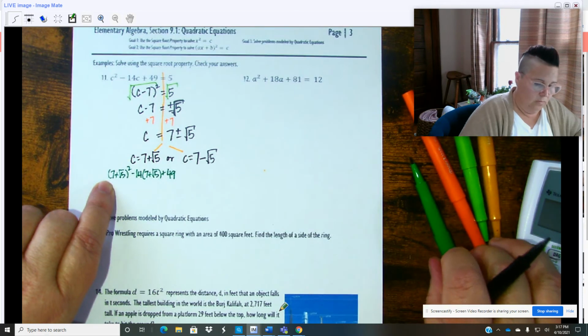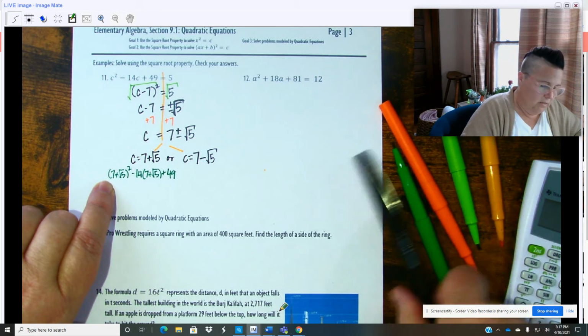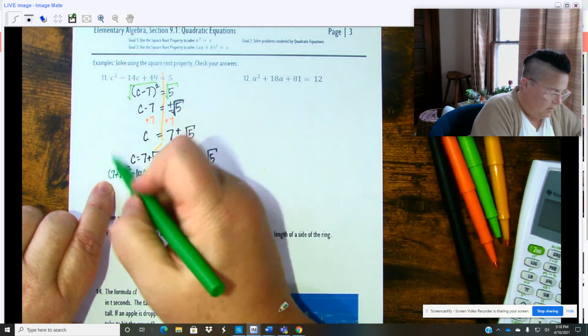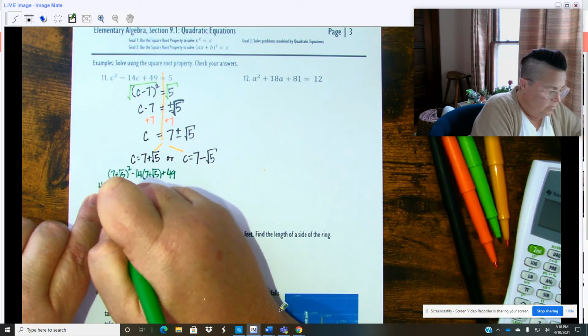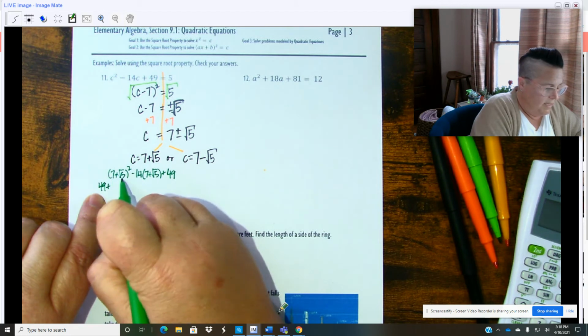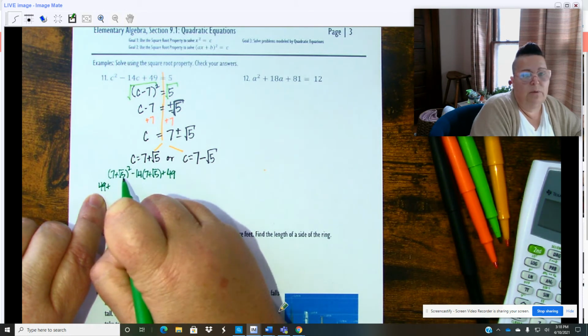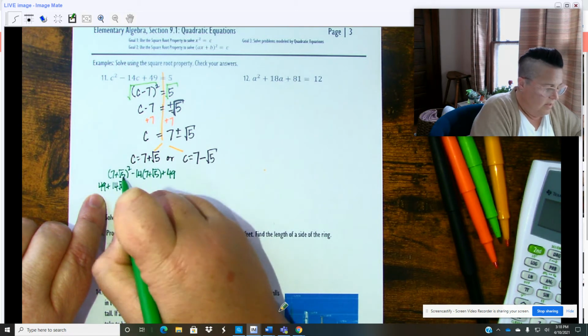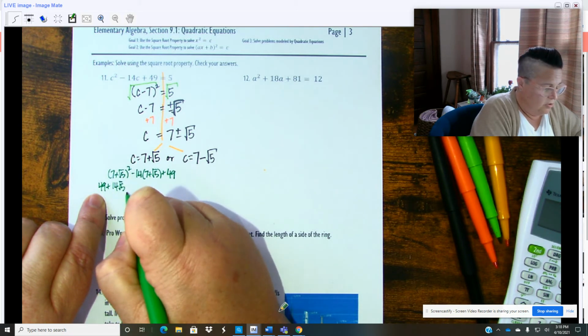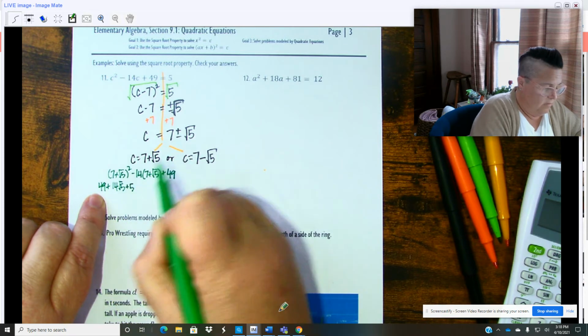Okay, so, oh man, what's this going to be? So this is going to be 7 squared, which is 49, plus multiply together and double it. So 7 square roots of 5 doubled is 14 square roots of 5. And then we want to square that last term, which is going to be a 5.